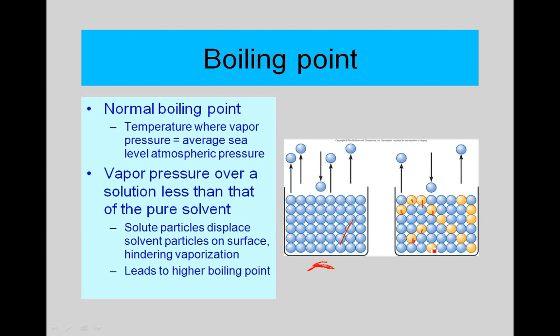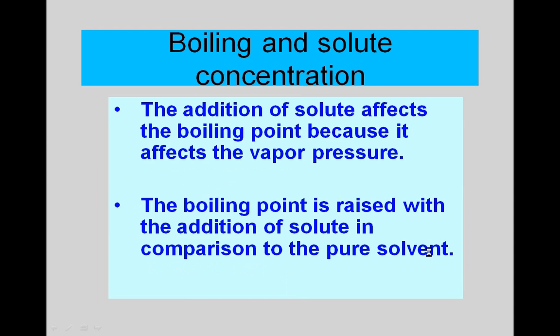It's like being in a house that's burning. Is it easier to get 10 people out of the house or 100 people? Right. It requires energy. So you can get enough energy to get 10, but 100, maybe not so much. So with that being said, you see the yellow solutes over here, because it takes more energy to move them and the water, it increases the boiling point. So now we go from being normal at 100 degrees Celsius to now being more like 110 degrees.